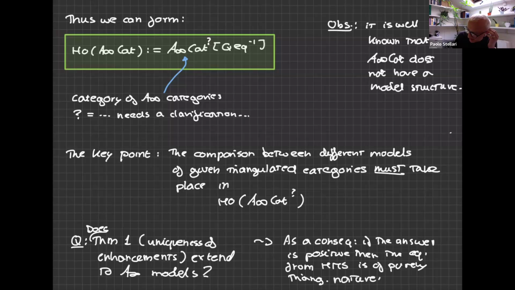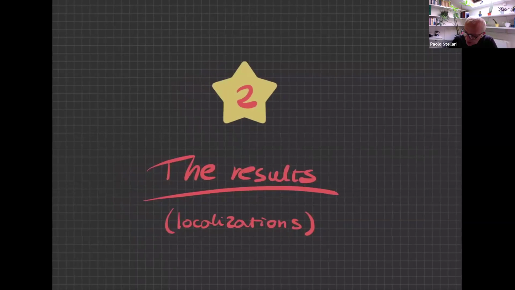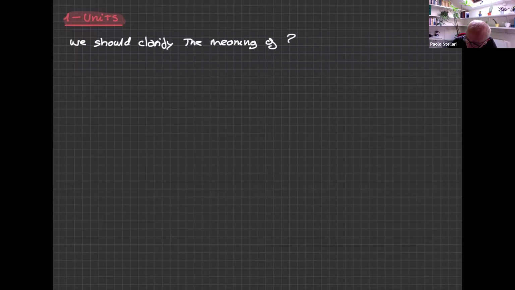Okay, so now I would like to move to the statement of our results, the results with Alberto and Mattia, give a little bit of a sketch of the proof, and possibly move to the applications. First of all, we should clarify the meaning of the question marks in the infinity cat above.